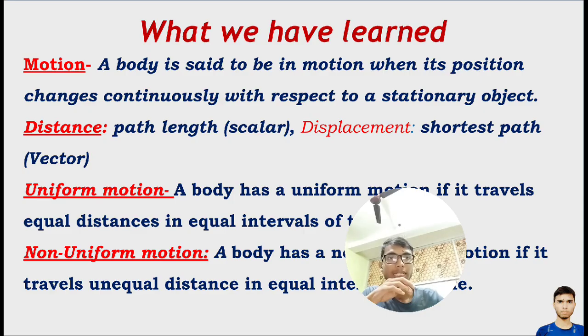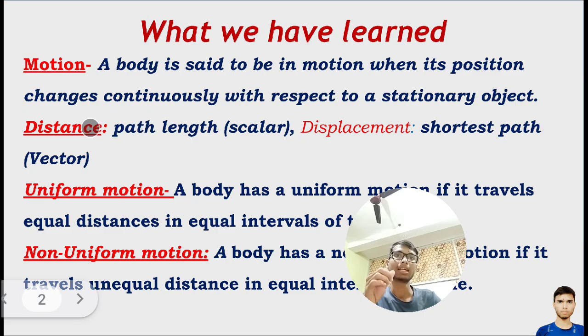Here, distance means I will take all those lengths. From one point to the second point is 5 centimeter, then from the second point to the third point is again 6 centimeter. Then the total is 5 plus 6, which is 11. This 11 centimeter is the distance. This was about the distance.